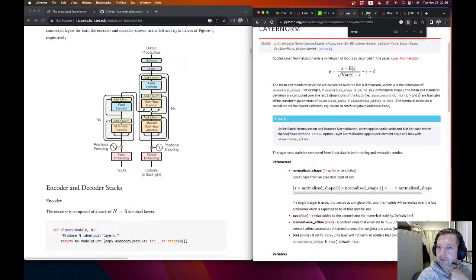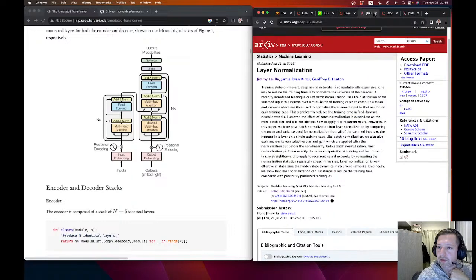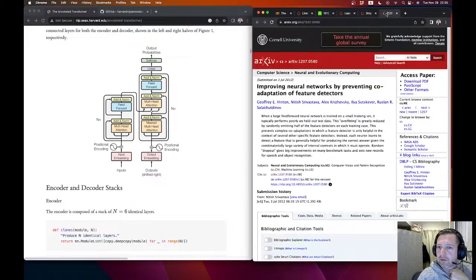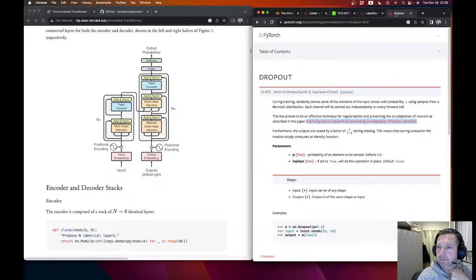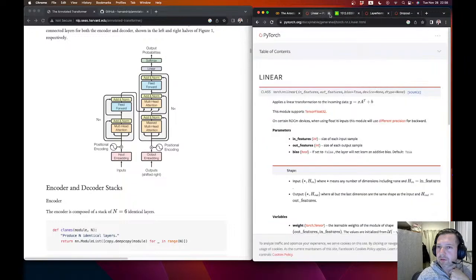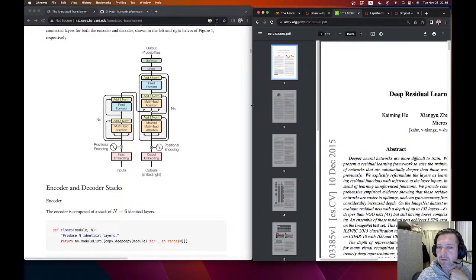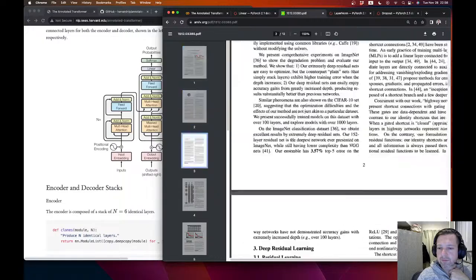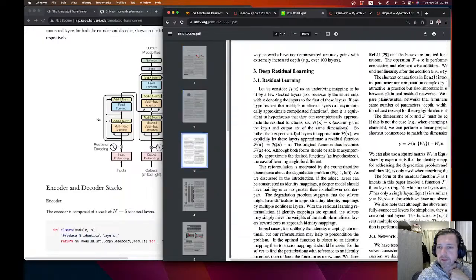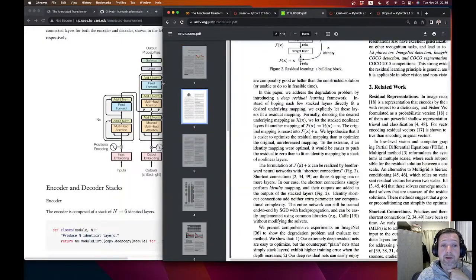I don't know, that's not the right paper. How did they call this? Shortcut, yeah, I think.